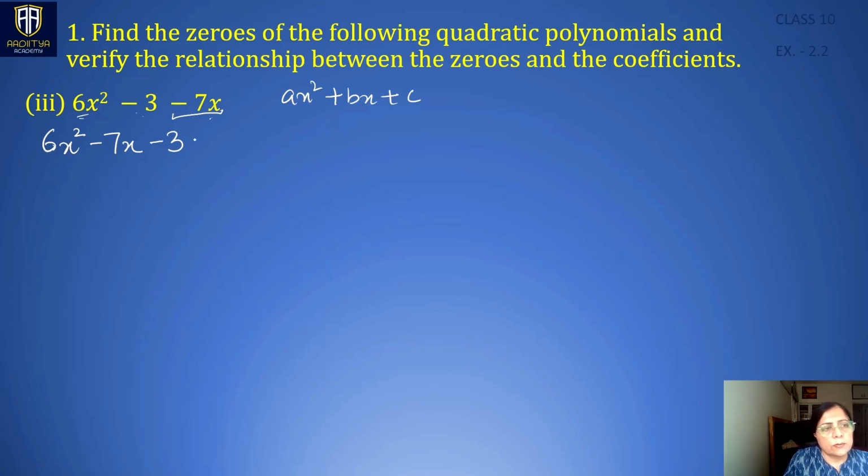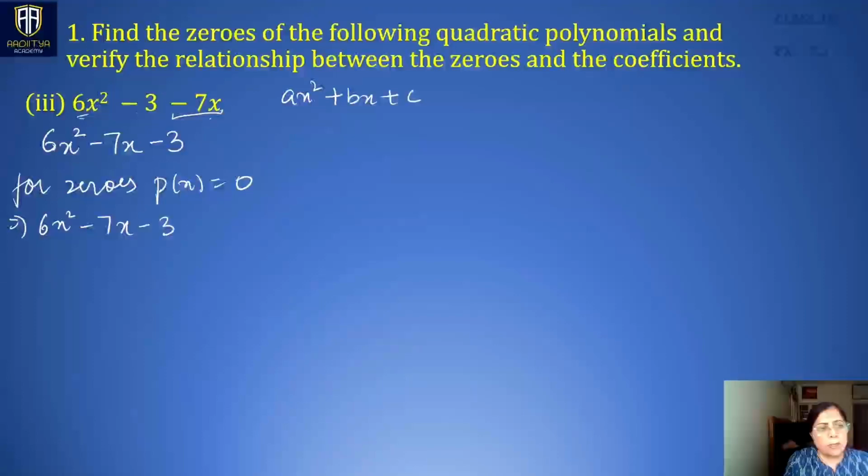So now this is a polynomial. Now I am equating it to zero for the zeros. So p(x) is equal to 0, that is 6x square minus 7x minus 3 is equal to 0.